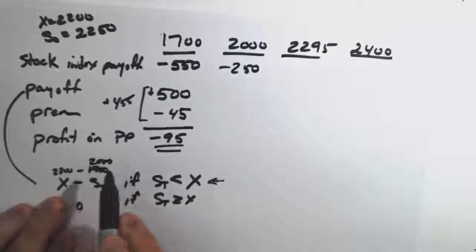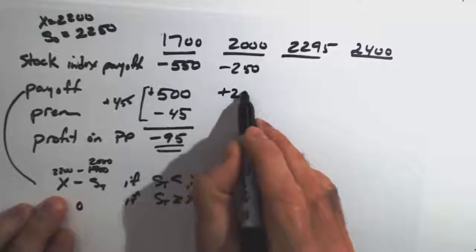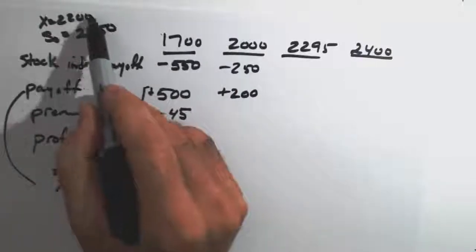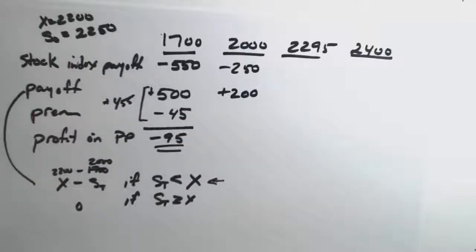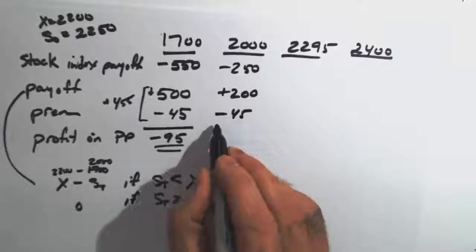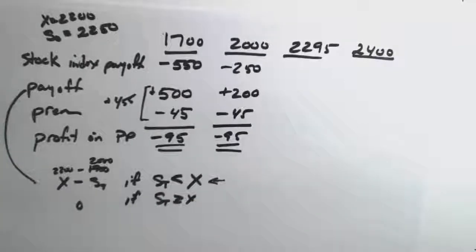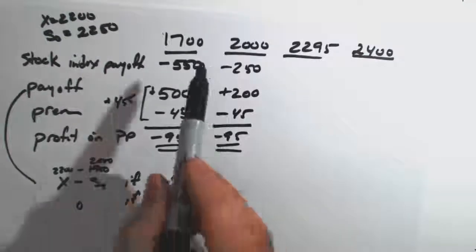This is 2,000 now, and so we gain $200. Again, the difference is that $50 between the strike and the index price when we put this position on. We paid $45 for the option, and so we lose $95, which kind of tells you right off the bat we've essentially flatlined.